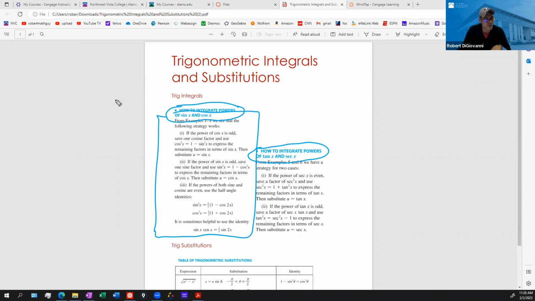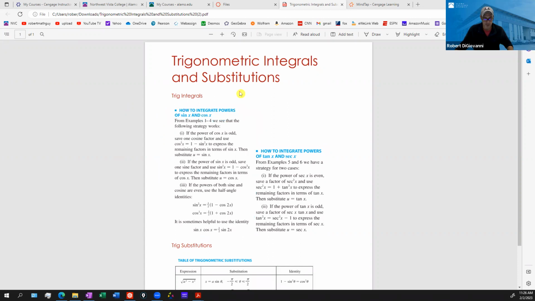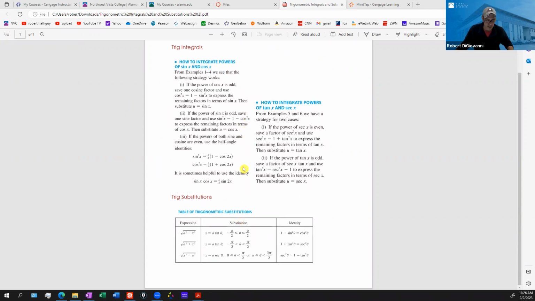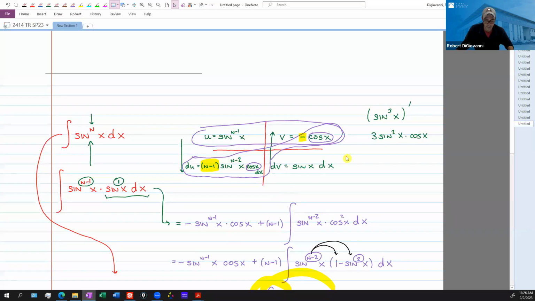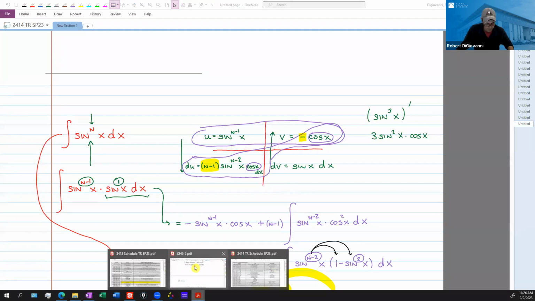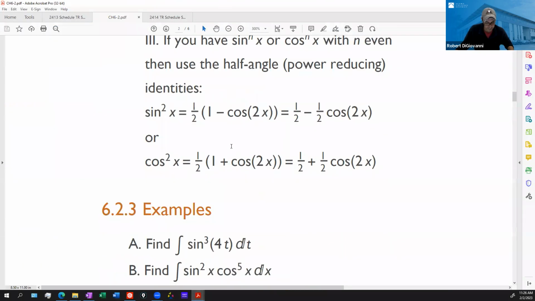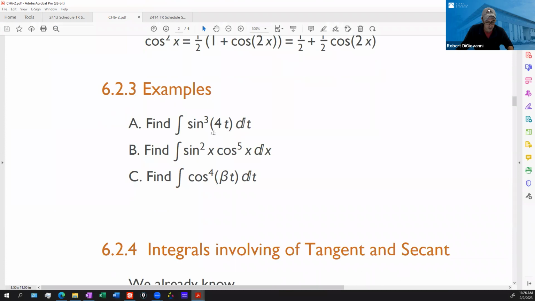You just need to know how to use the formula sheet. So I think the best way to do this is to just do an example and then use this and see how this is all going to play out. So my first example here is this one right here.